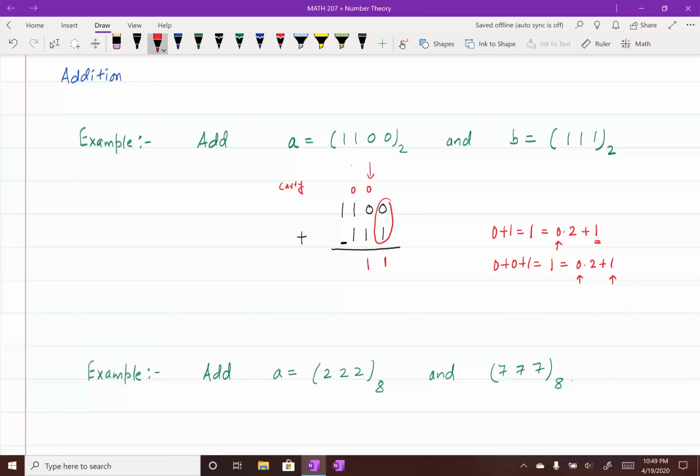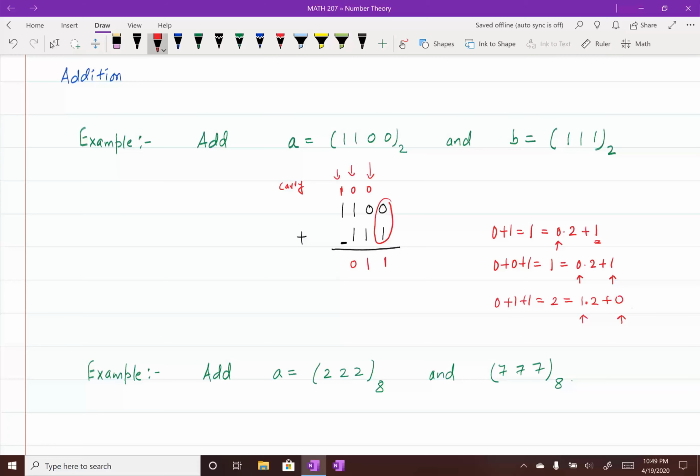Now you need to add 0 plus 1 plus 1, which is going to be equal to 2, and 2 you can represent as 1 times 2 plus 0. Now you have a quotient 1 and the remainder 0, so you put the remainder 0 here, and take the quotient in the next step as a carry, okay. And at the last step you don't have any digit at the 4th place with respect to the second integer. If you want, you can put a 0 there, otherwise you keep it as an empty place.